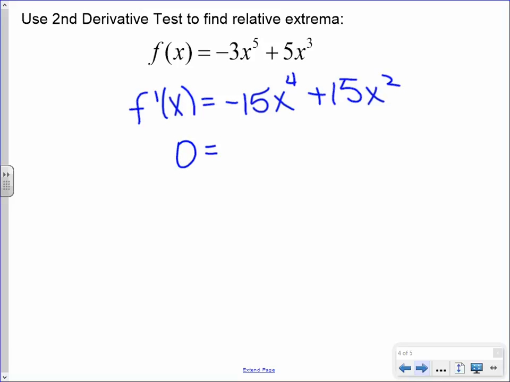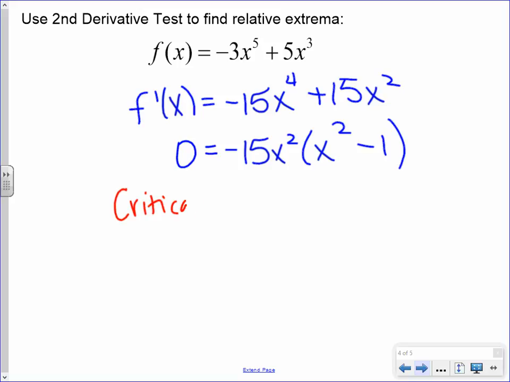I see that we have a GCF of, I'm going to say, negative 15x squared. So left over is x squared minus 1. So our critical values are x is 0, positive 1, and negative 1.